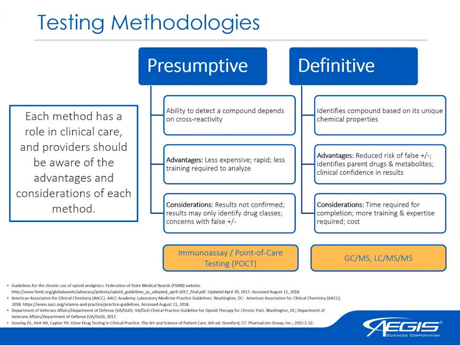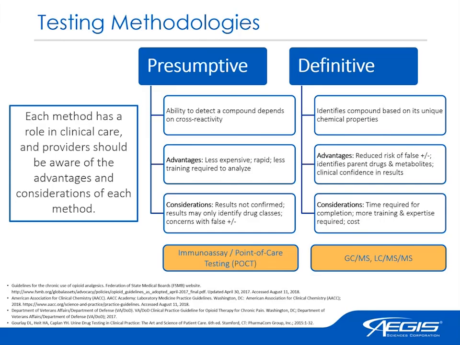In contrast, definitive methods identify compounds based on their unique chemical properties. Chromatography separates compounds, and mass spectrometry identifies the presence of specific analytes based on the unique molecular mass and ion fragmentation pattern of each substance. Definitive methods have a reduced risk of false positives and identify drugs and metabolites that may be missed by presumptive methods.